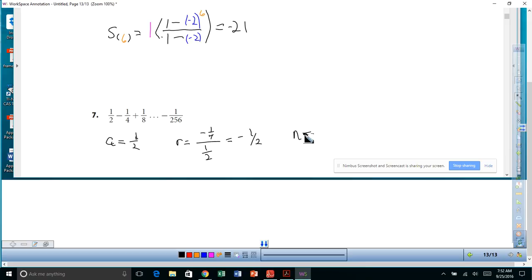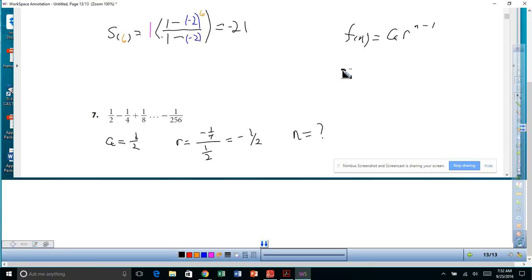And then n equals, whoa, we don't know what n is, do we? So we're going to have to find n. How do we find n? Well, we've got f of n equals ar to the n minus 1.